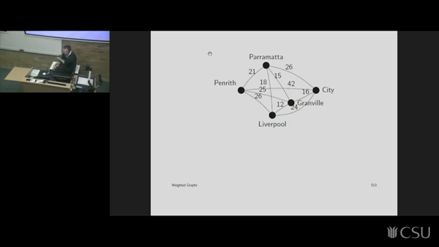If you add the weights along the path, this pharmaceutical rep would like the Hamiltonian cycle that has the lowest total weight. So he needs to end back at the city. He wants to start in the city, go along a bunch of edges and finish back in the city again.